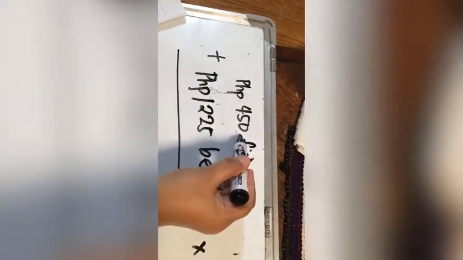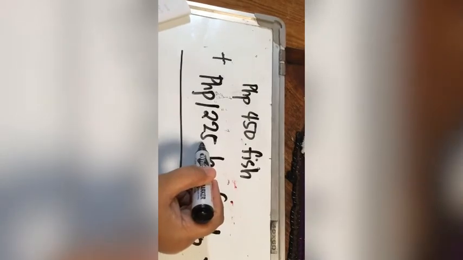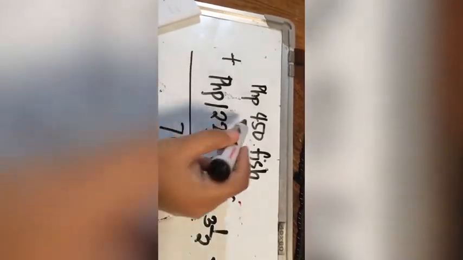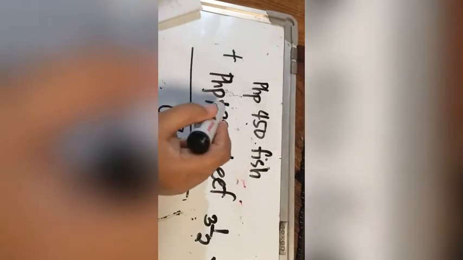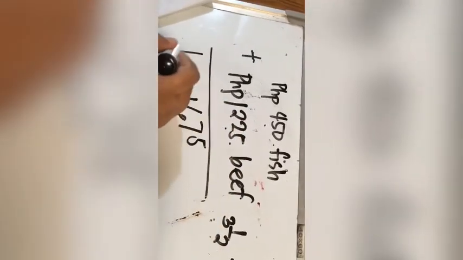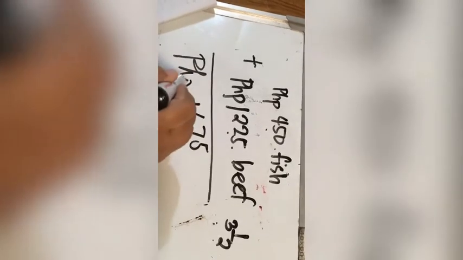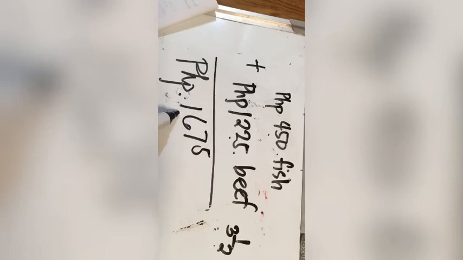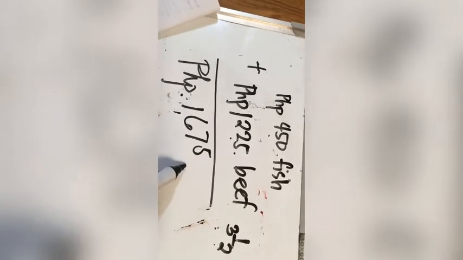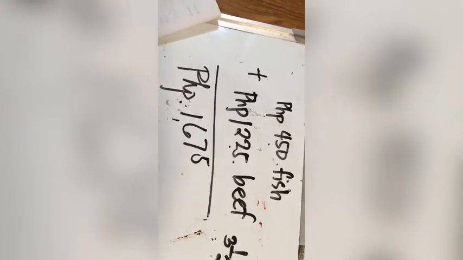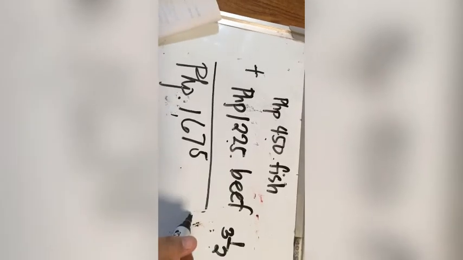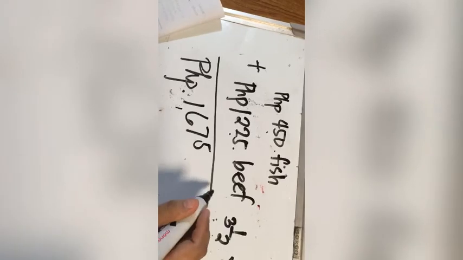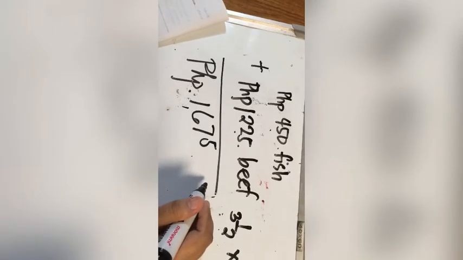So, 0 plus 5, because we are going to add 5. 5 plus 2 is 7. 4 plus 2 is 6. And bring down 1. And do not forget to write the peso sign, because it's money all about. 1,675 pesos is the total cost of the two products.